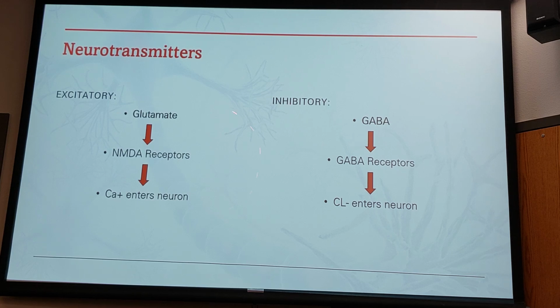So if we are sending a nerve impulse or electrical impulse down a nerve and we wanna carry a message through to cause excitation of that nerve cell, we're activating the glutamate neurotransmitter. Glutamate is the neurotransmitter that sends an active signal, whether it tells a muscle cell to move or whether it tells a cell to release a hormone.